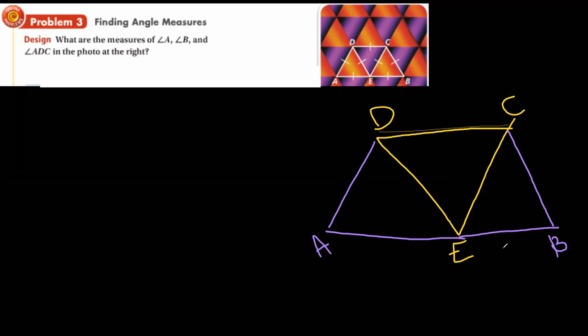Now, he asked me to find the measurement of A, the measurement of B, and ADC, this angle now. And he told me that all of the sides are equal. What does it mean?